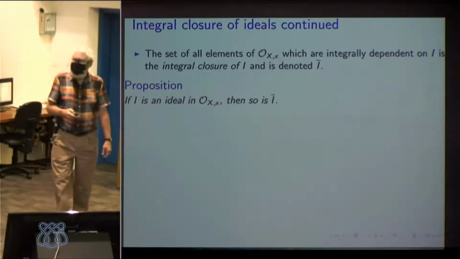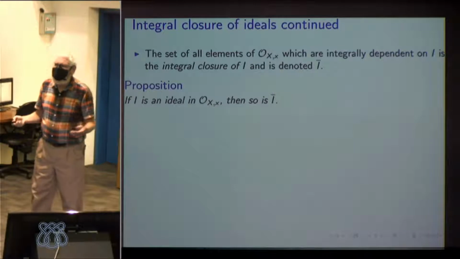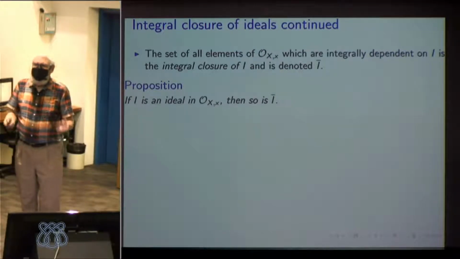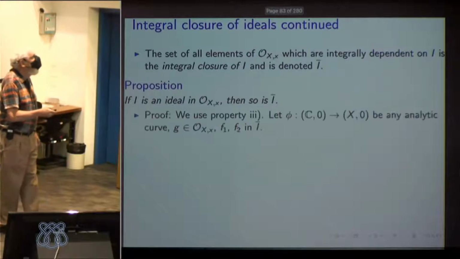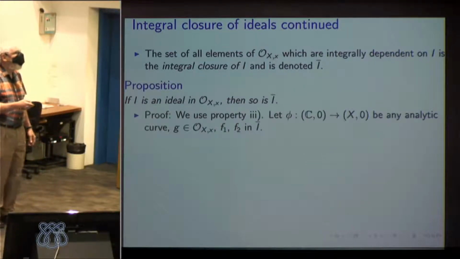And the first thing we want to prove is that if I is an ideal, then I bar is an ideal. So we use property 3. Here, phi is any analytic curve, and g is an element of our base ring. f1 and f2 are in I bar.